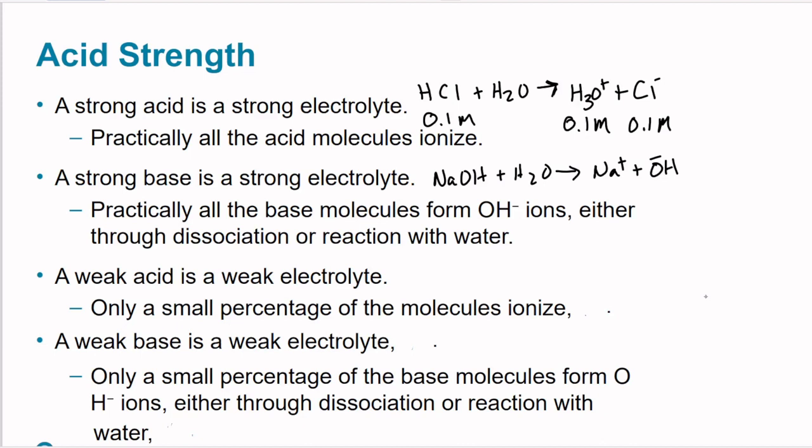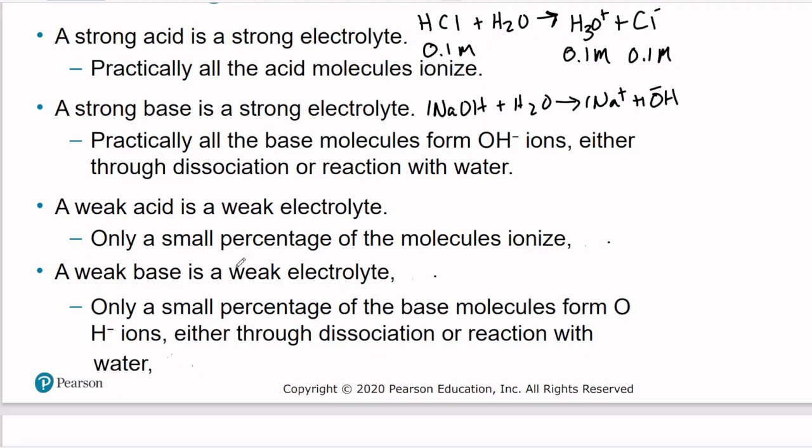So the number of moles of sodium hydroxide we put in is going to equal the number of moles of sodium ion and the number of moles of hydroxide ion that we get out, because it's a 1-to-1 ratio. Practically all of the hydroxide is going to dissociate.